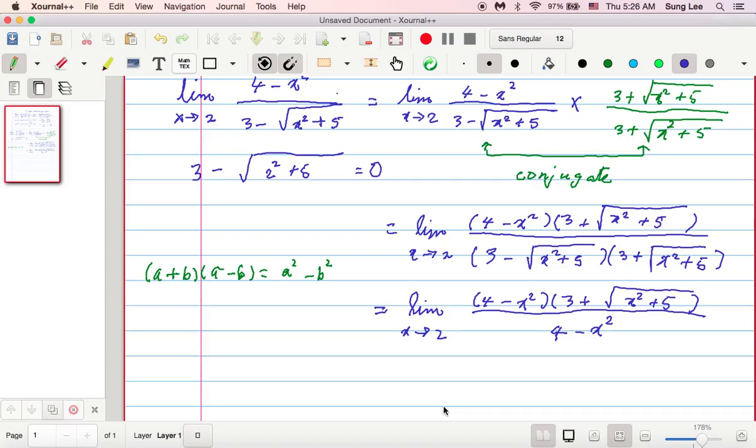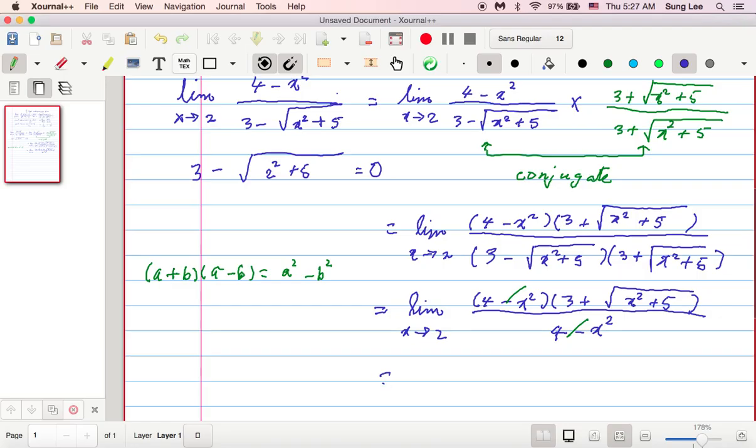So 4 minus x squared is never equal to 0, no matter how close x is to 2. So we can divide top and bottom by 4 minus x squared.